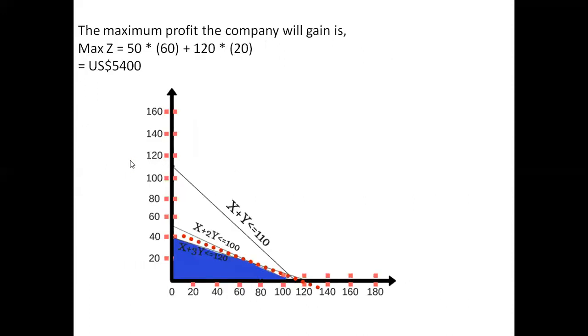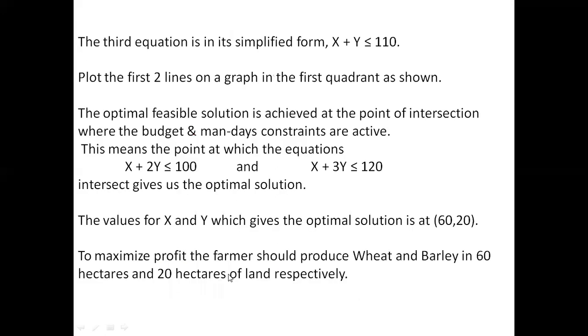Taking x equal to 0 in the first line, x plus y less than or equal to 110 is the major constraint. For x plus 2y less than or equal to 100, the intercepts are 100 and 50. For the third equation, x plus 3y less than or equal to 120, the intercepts are 120 and 40.